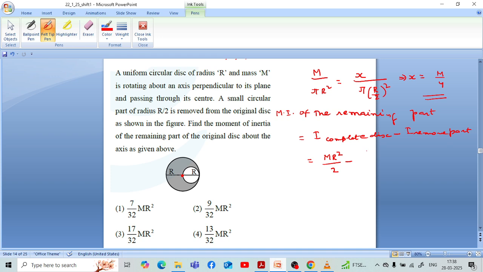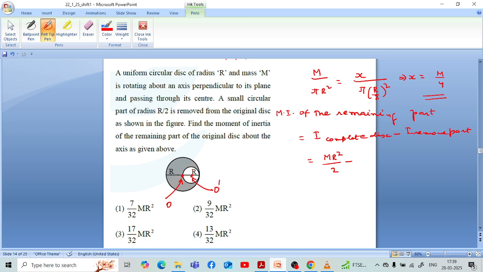Now, the moment of inertia of the removed part can be calculated by using the parallel axis theorem. The important point here is that we can straight away write down the moment of inertia of the removed part, but we have to shift its axis, because the axis for the final object is the same as in the previous case. For example, I am indicating it as O, and this is O dash.